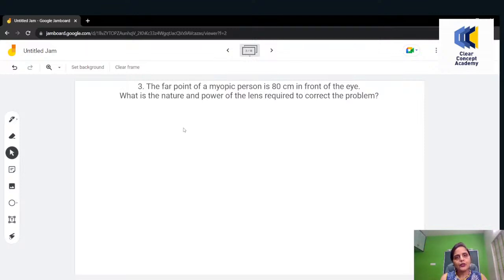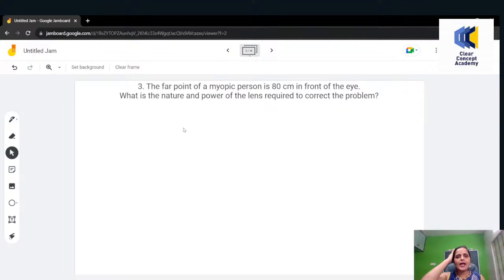The far point of a healthy eye is infinity, whereas the near point is at 25 centimeter. Whenever a person becomes myopic, that is nearsightedness, the far point shifts from infinity to nearer to the eye.